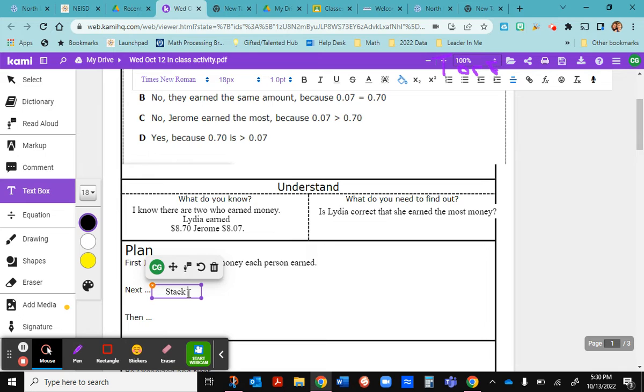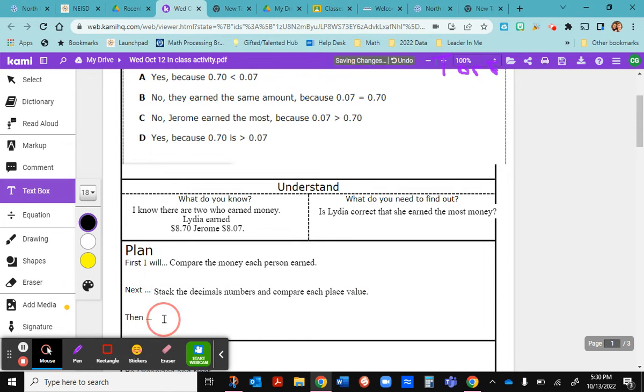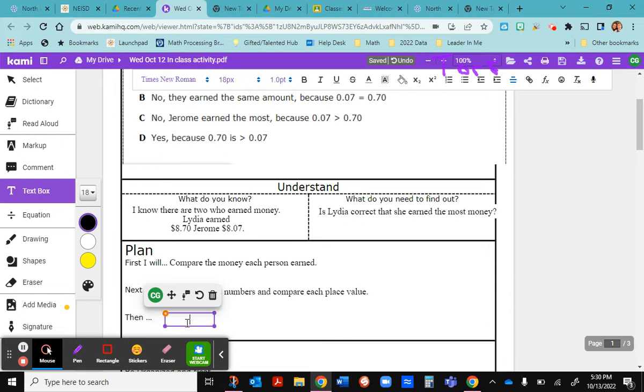So I'm going to stack the decimal numbers and compare each place value. Then find out which place value or which place differs to determine who earned the most.